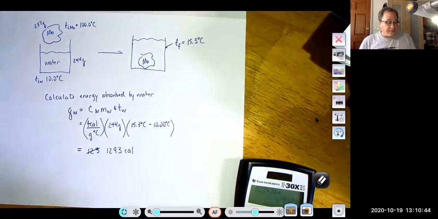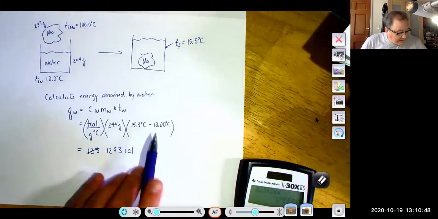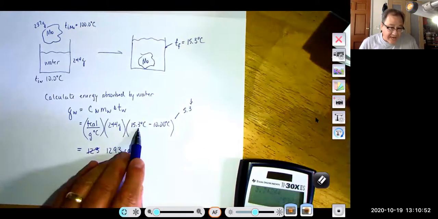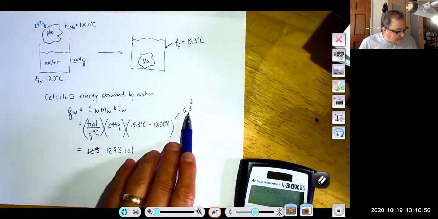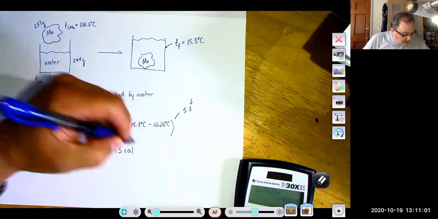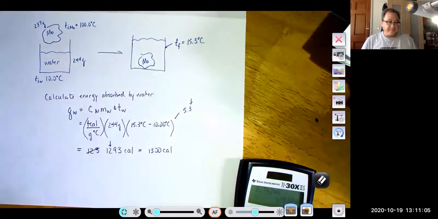Now, according to the numbers that we have here, 15.3 minus 10 is 5.3, and it's only good to the tenth because of that guy. So here, this has 2 sig figs, this has 3, this has infinite, so this is only good to here. So our real answer would be 1,300 calories. Okay?